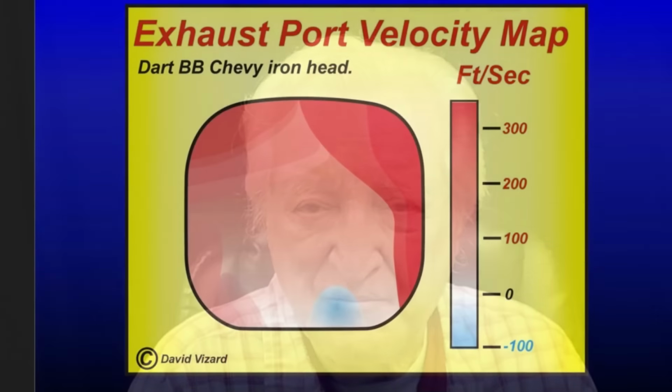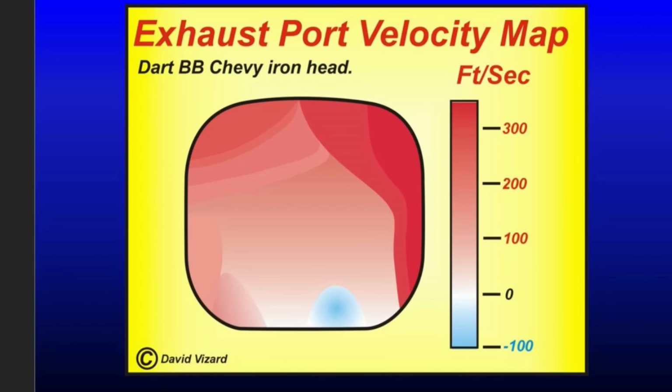Now take a look at this diagram I'm going to show you. What you'll see here is a Dart big block port as cast. Now I use this one because the as cast port is pretty good. It's not phenomenal, but for a cylinder head that's meant to be cost conscious and is in cast iron and is an entry-level deal, it's not too shabby at all.